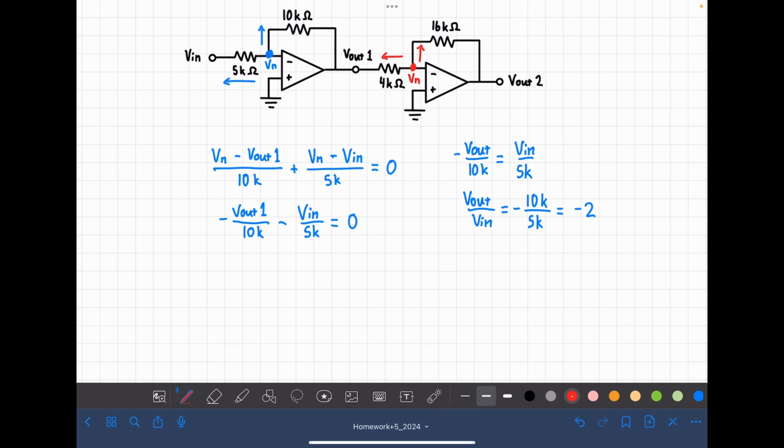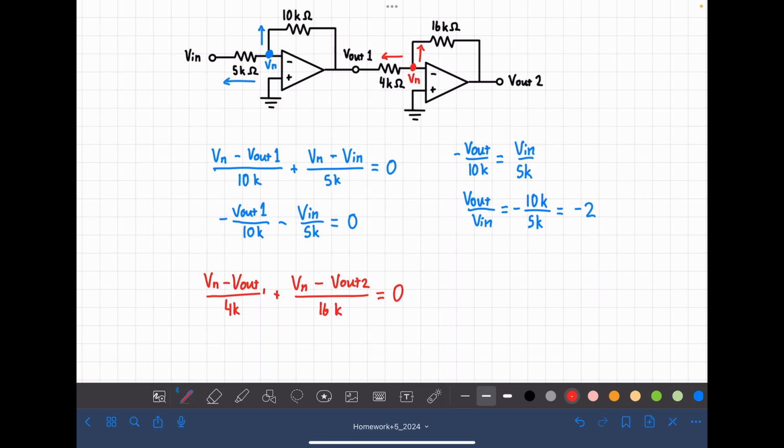So we're going to go ahead and write out Vn minus V out 1 over 4K plus Vn minus V out 2 over 16K equals 0.